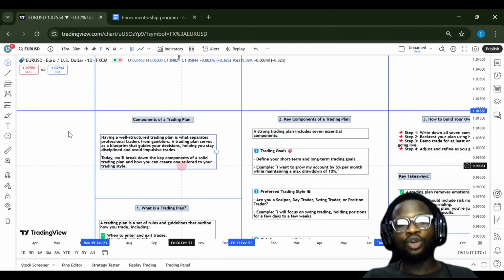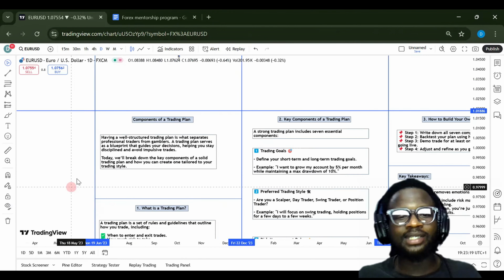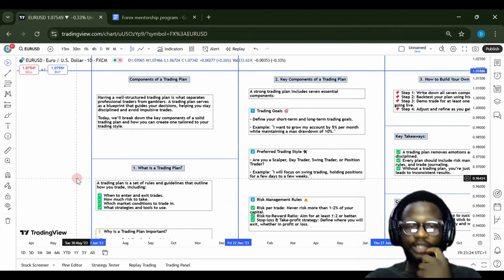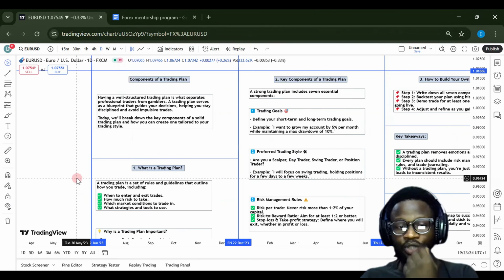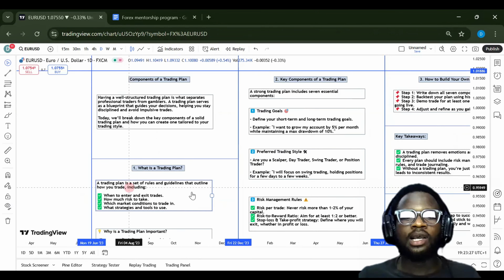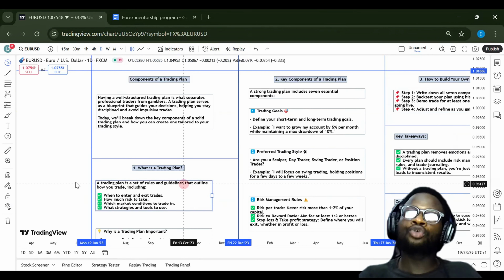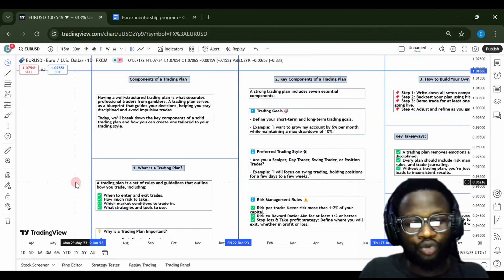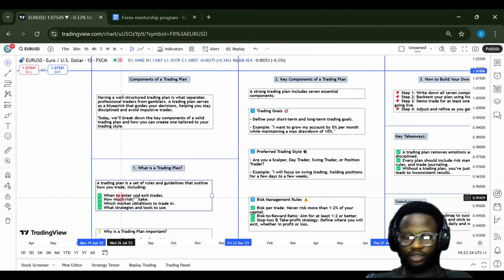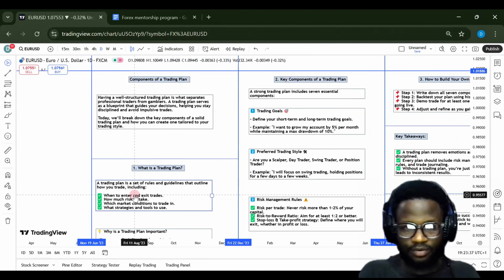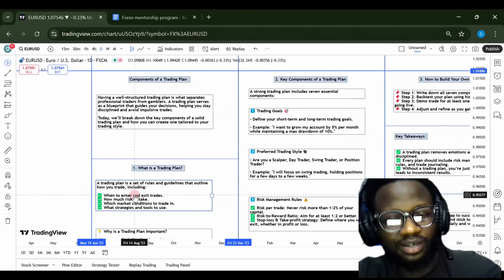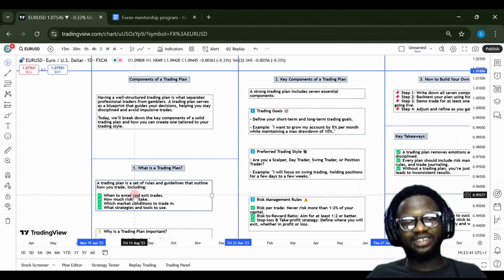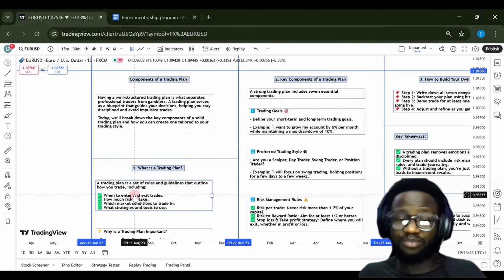All right. So the number one thing here is, what is a trading plan? A trading plan is a set of rules and guidelines that outline how you trade. They can include when to enter and exit a trade, where we talked about risk to reward ratio, right? That we don't enter a trade until we know where we are leaving the trade, whether in profit or in loss.